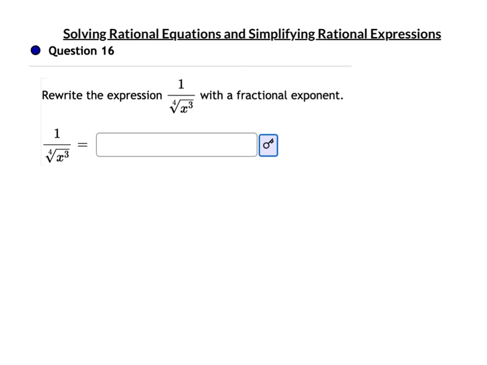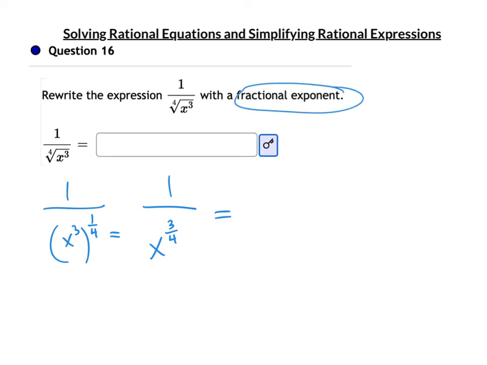In question 16, this is 1 over x cubed to the 1/4 power, which is 1 over x to the 3/4. Now, that would be the correct answer, but they may want it with just a fractional exponent, no fraction.